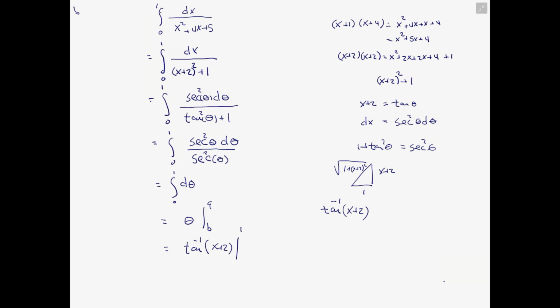So we have arctan of x plus 2 between 1 and 0, and that means we have arctan of 3 minus arctan of 2.